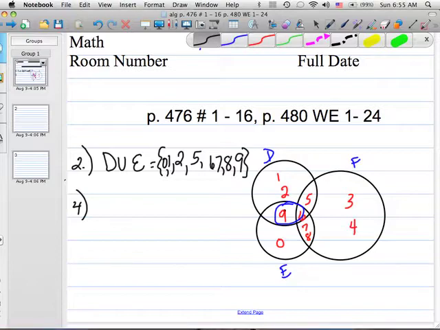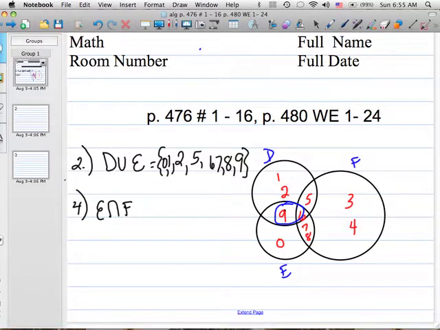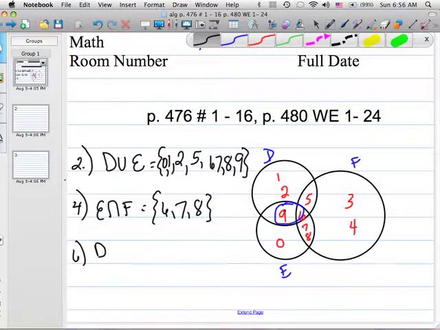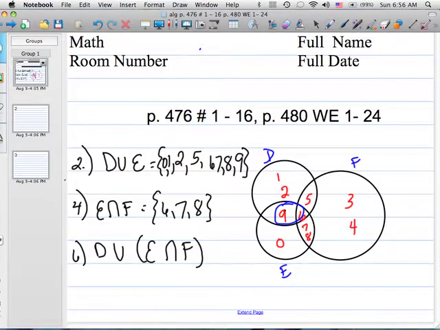E intersection F is what is shared between E and F, and that would be in this part right here. So that would be 6, 7, 8. And 6 is D union, and then parentheses E intersection F. Since we do grouping symbols first, we find E intersection F first.